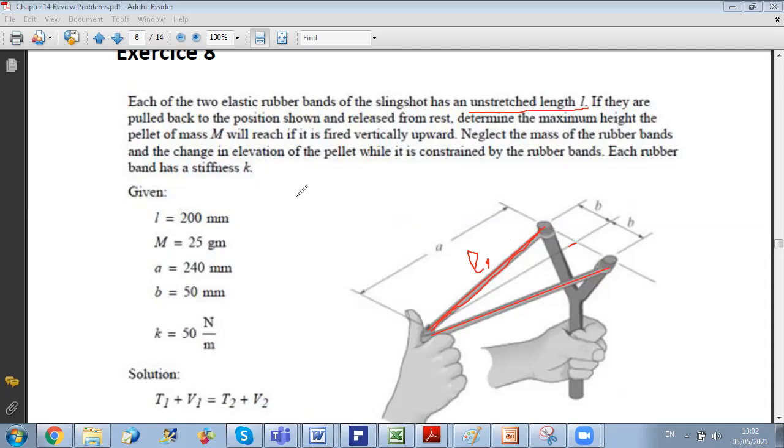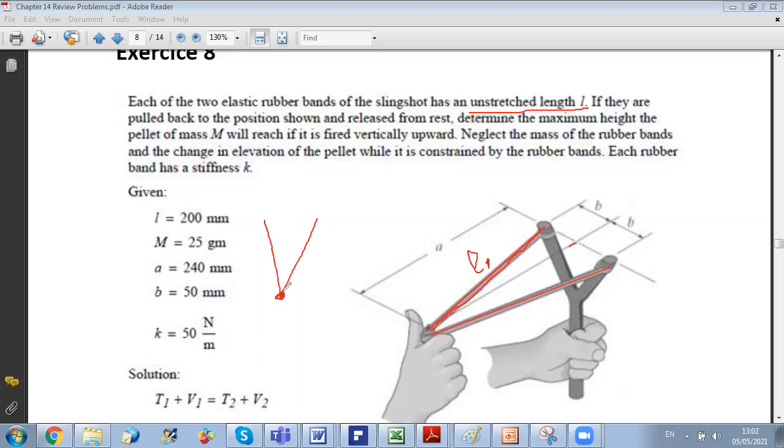Whenever we have a spring, then in case all forces are conservative, we can use conservation of mechanical energy. Let me draw the figure. The initial position of the bands is like this, and this is the mass that we want to pull.